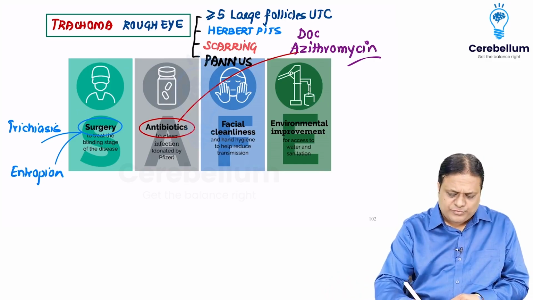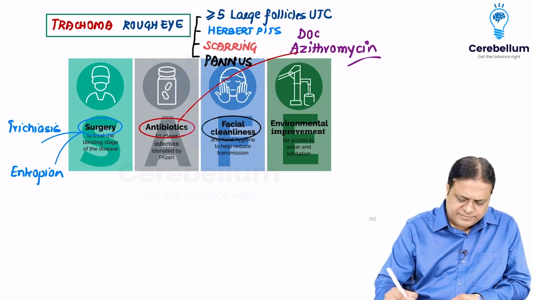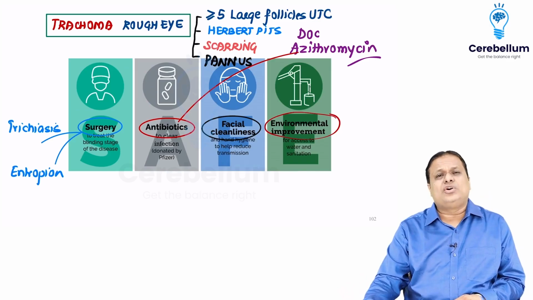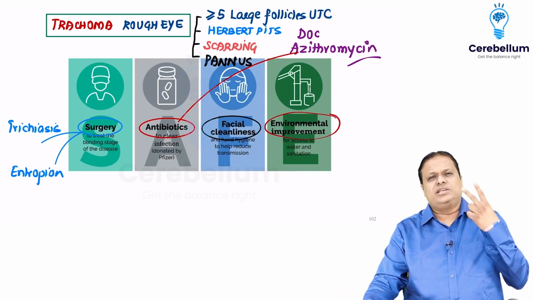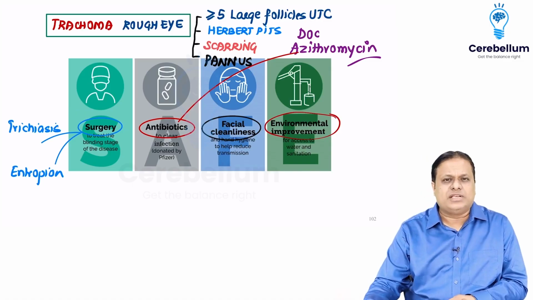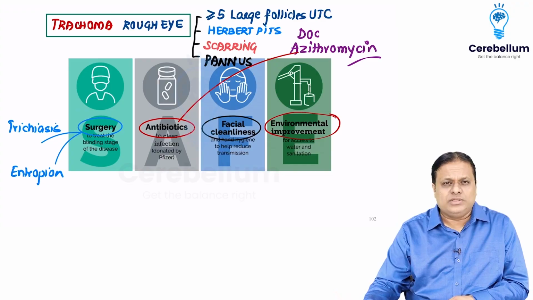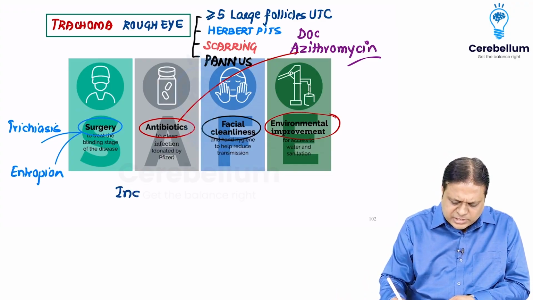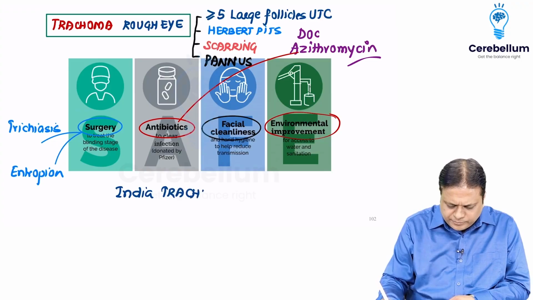Then facial cleanliness and environmental hygiene or improvement. So surgery, antibiotic, facial cleanliness wash, environmental modification, trachoma control in the country. Current status of India: India has been declared trachoma free.